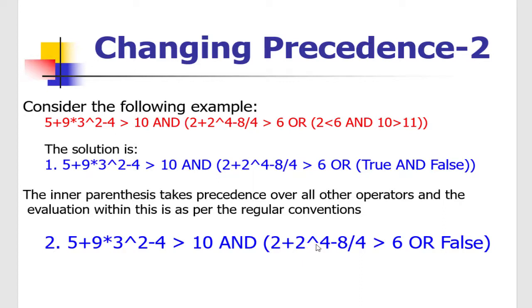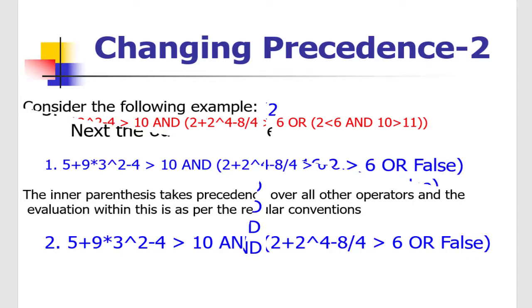This gives us 18. 18 minus 2, this gives us 16. 16 greater than 6 evaluates to true. The result of this is going to be true or false, and the result of all is true. True or false evaluates to true. We'll see that in the subsequent slide.